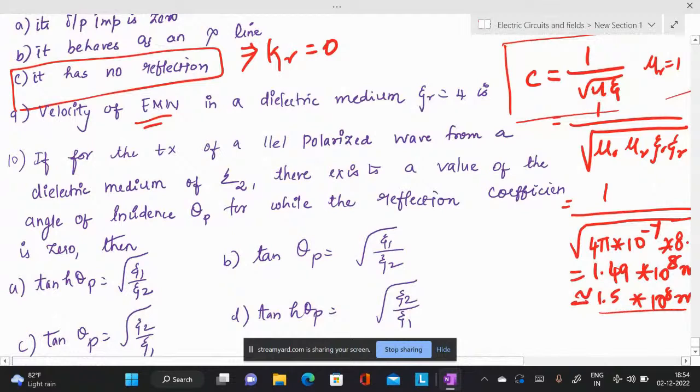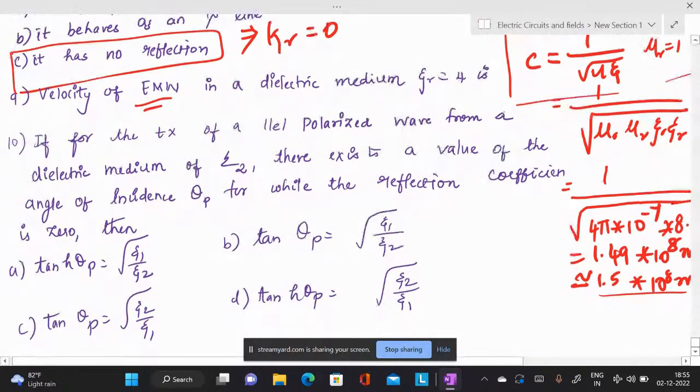Okay. Next question. If for the transmission of a parallel polarized wave from a dielectric medium of permittivity epsilon 2, there exists a value of angle of incidence theta p for which the reflection coefficient is 0, then what is the formula for the angle of incidence?